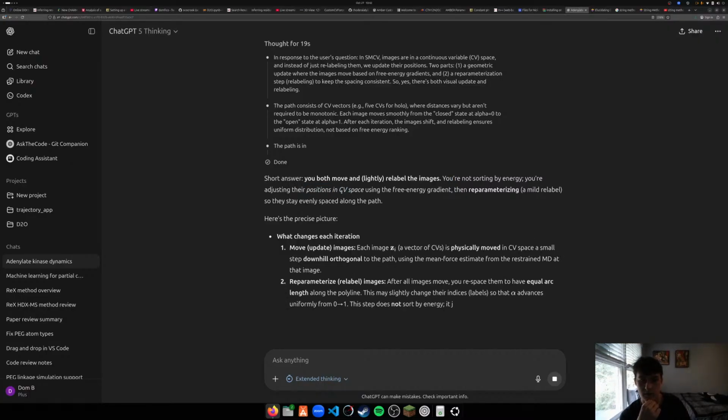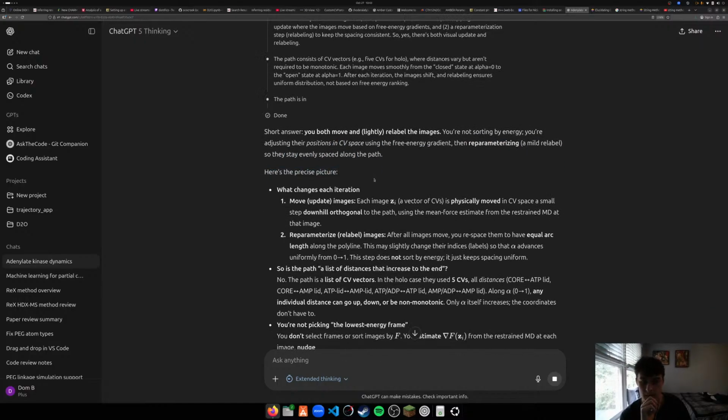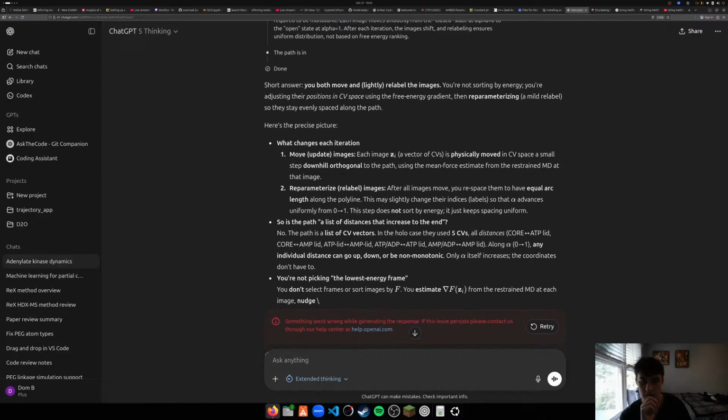You're adjusting their positions in CV space using the free energy gradient and reparameterize a mild relabel so that they stay evenly spaced along the path. What changes each iteration? Move, update images. Each image is physically moved in CV space a small step downhill orthogonal to the path, using the mean force estimate. After the image moves, you respace them to have equal arc length.